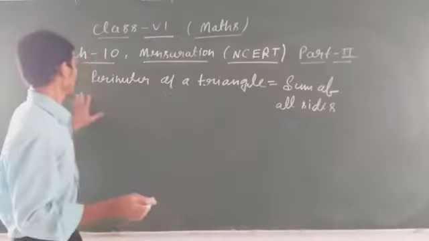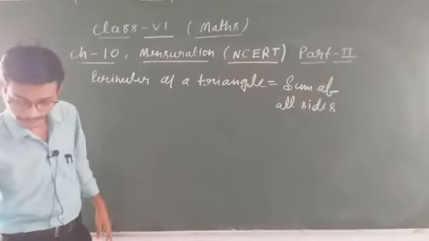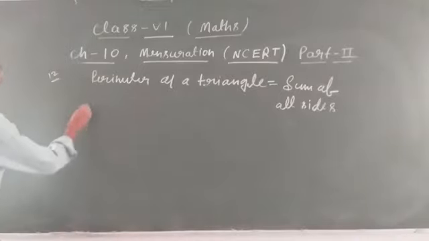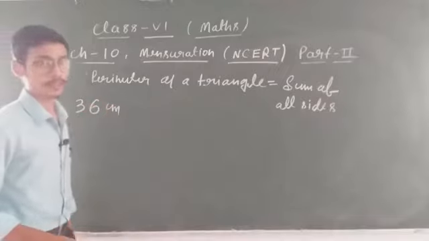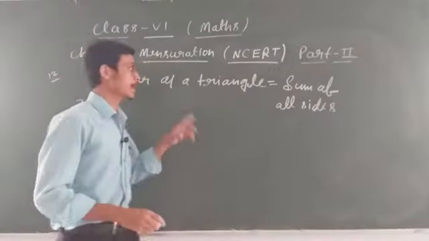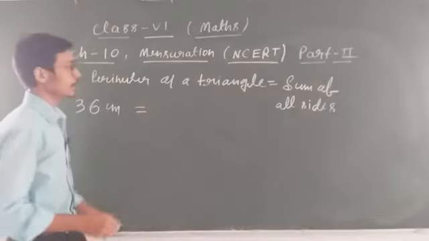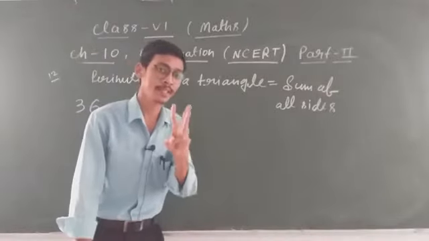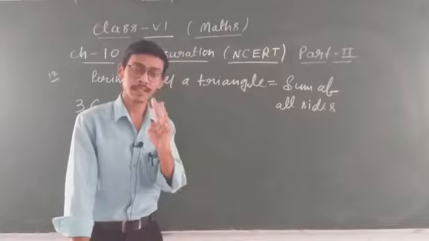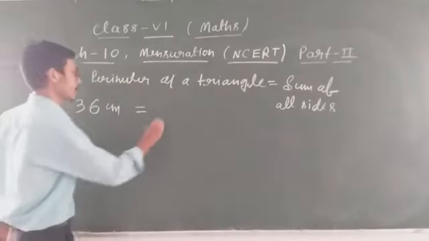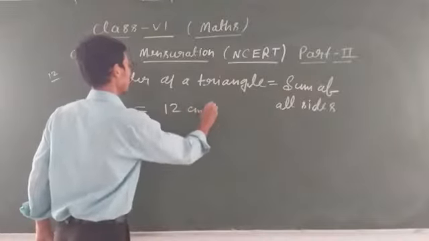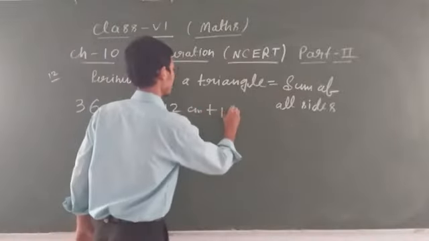Clear? Okay, what is given? The value of the perimeter is given, student. So write down the value of the perimeter is 36 centimeter. Triangle means 3 sides. So what is given? 2 sides of the triangle: 12 centimeter and 14 centimeter.